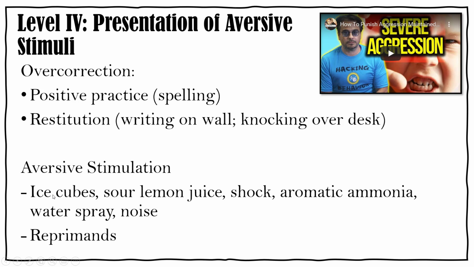So, all these have been used in the past: ice cube, sour lemon juice, shock, water spray, noise, things like that. The more common one that's typically used in the educational setting are your reprimands. With reprimands, whenever you administer reprimands, because this happens all the time in the classroom, you need to make sure that you make eye contact with the student.